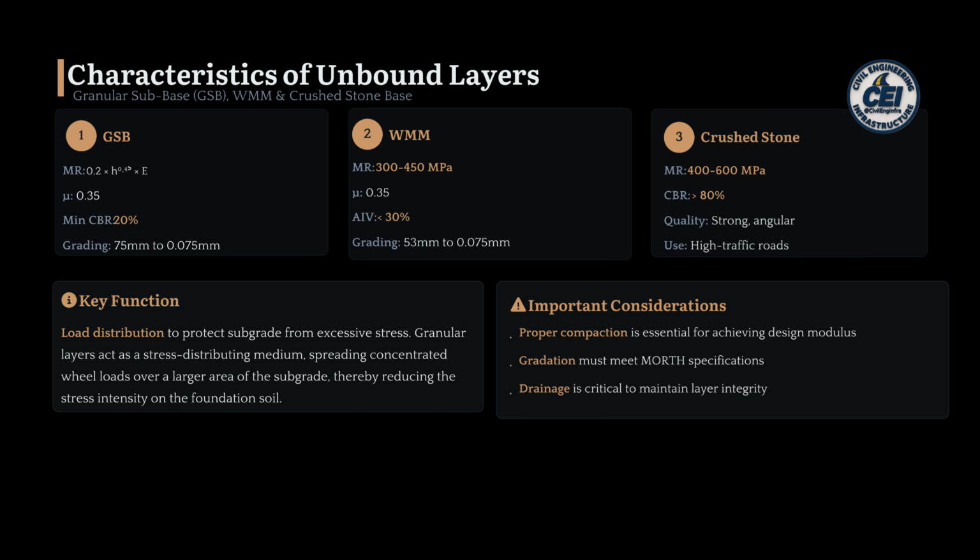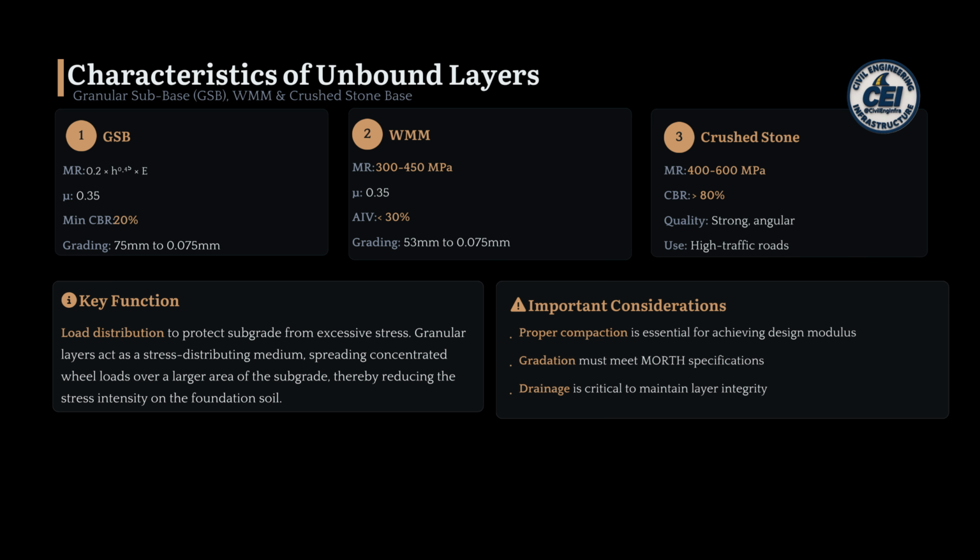Now let us discuss the properties of granular layers in detail. Granular subbase, GSB. Resilient modulus MR is equal to 0.2 times H to the power 0.45 times E subgrade, where H is equal to thickness in mm and E subgrade is equal to subgrade modulus.